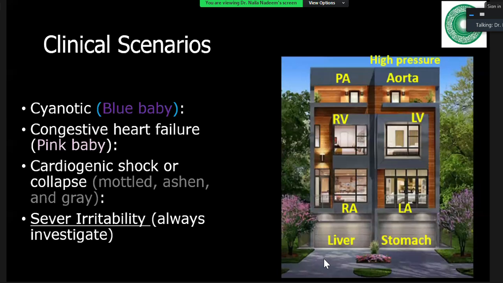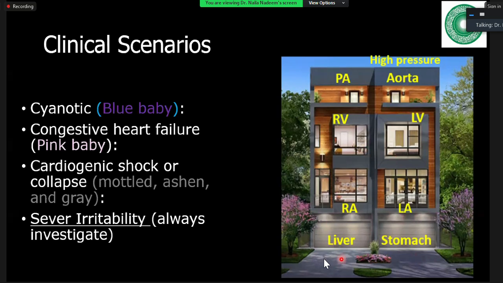Recently, I've been using this 2 townhouses picture in the last 1 year, a couple of times, because I find it very easy. It makes me understand pathophysiology. So if you look, this is the right side of the heart, and the other is, of course, the left side of the heart.